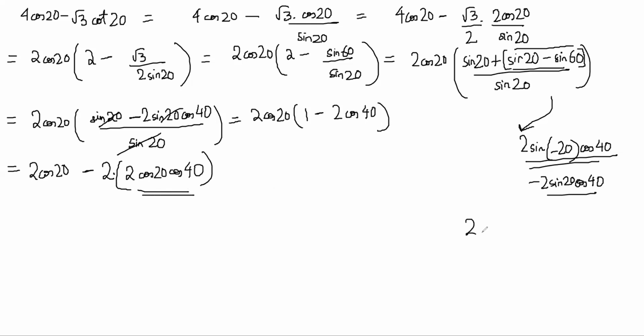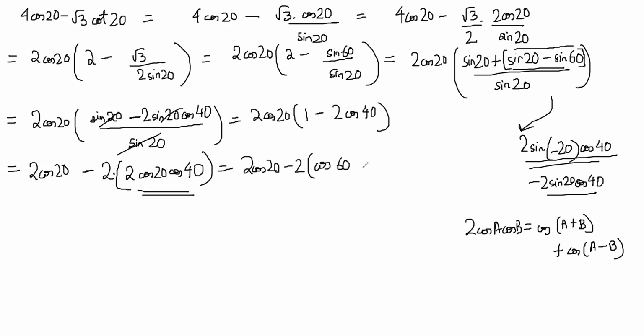We get 2 cos A cos B when you do cos(A plus B) plus cos(A minus B). So I can write this as 2 cos 20 minus 2 cos A plus B, which is cos 60, plus cos A minus B, which is cos minus 20, the same as cos 20.